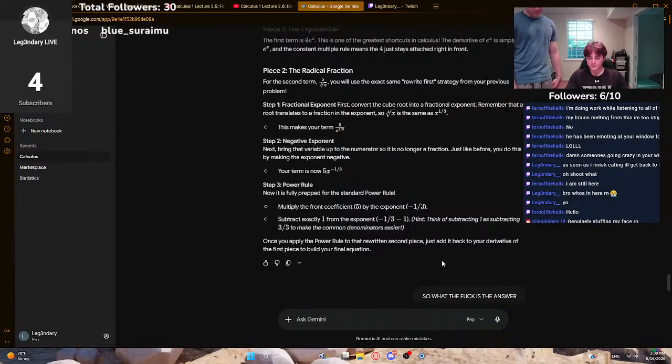So, anyways, when you take a derivative, you always subtract 1 from the exponent. So, we'll say f of x here is x to the 1/3. What do you do when you take the derivative? What does this turn into? Let me pitch you an easier one. x to the 3rd.